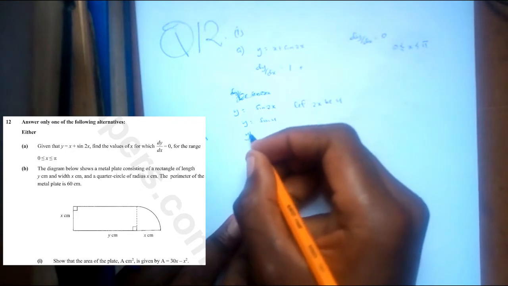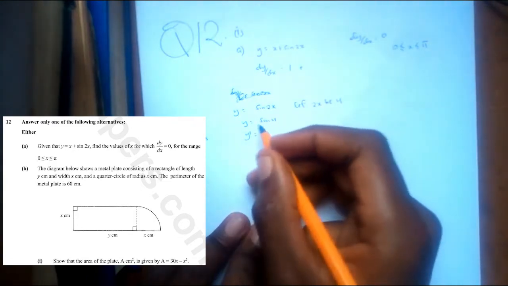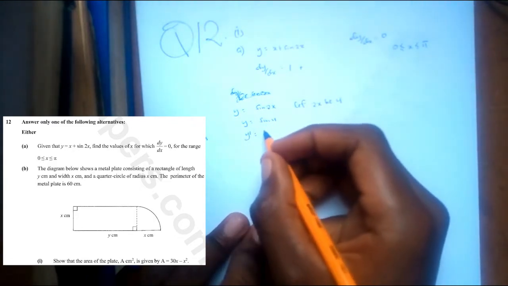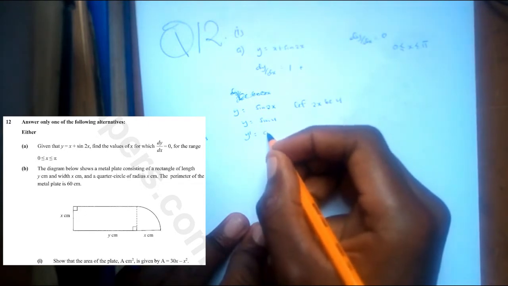Okay, so y prime, which is the differentiation of sine u, would be cos u. And then u is 2x, so u prime will be equal to 2.